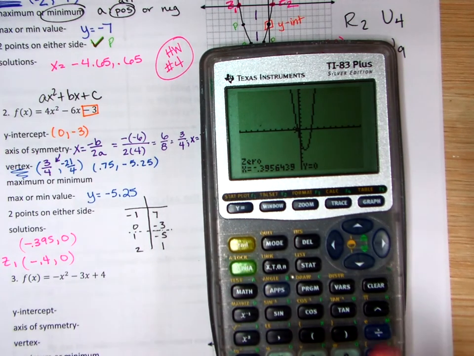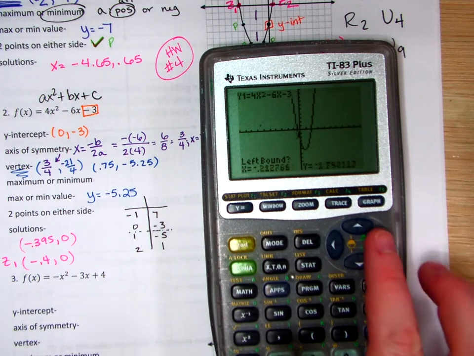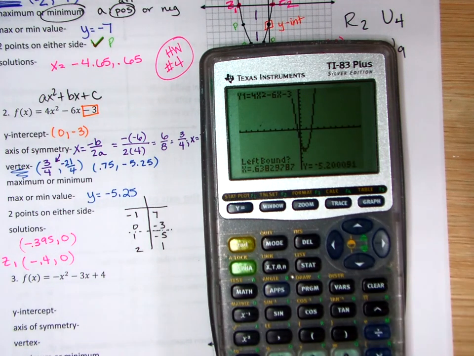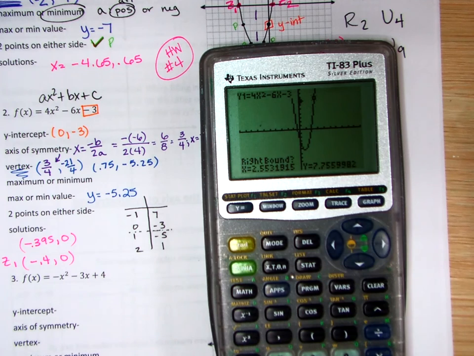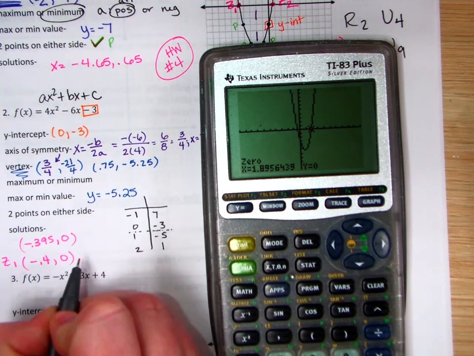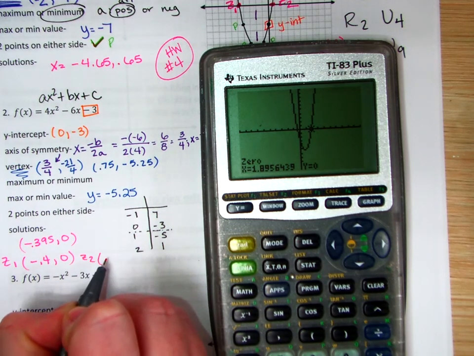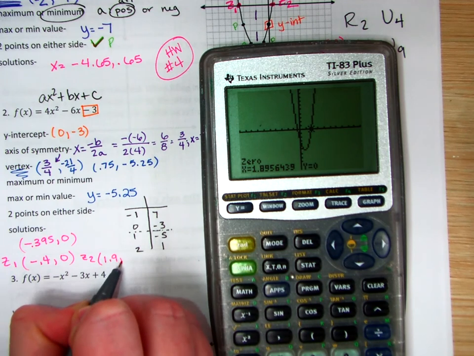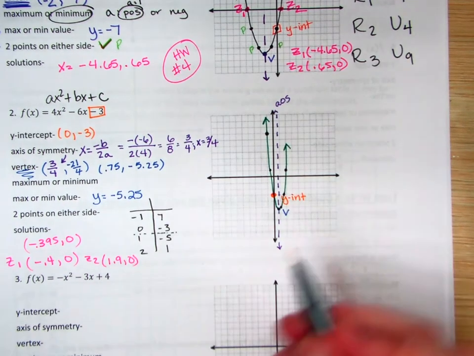Then, on the next one, I do it again, go to my vertex, hit enter, and then go over a little bit, hit enter, left bound, right bound, hit enter again, and that comes out to be 1.9. So (1.9, 0), which are more points, x-intercepts.